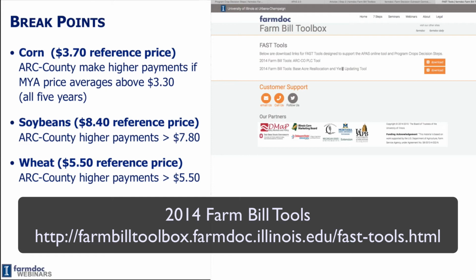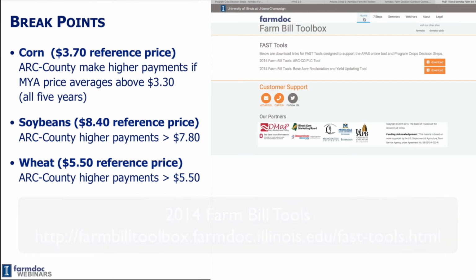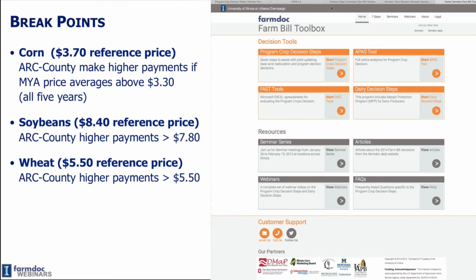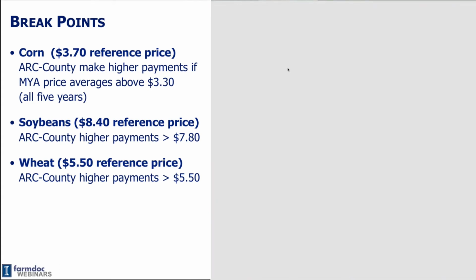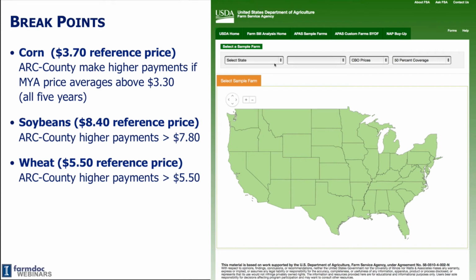from those two alternatives. One other item I want you to be aware of is this APAS tool. We have a link here to it. This goes to this site. If you go into APAS sample farms, this is going to give you expected payments by crop.